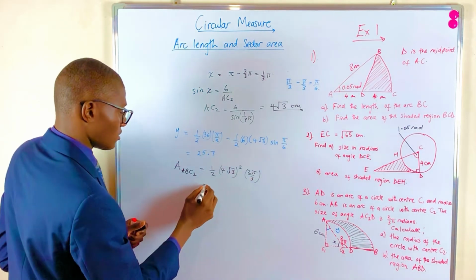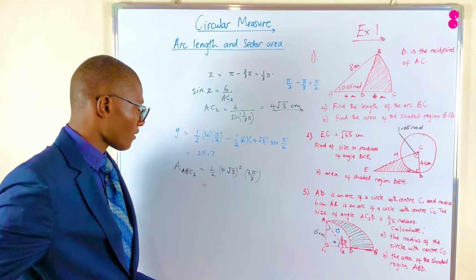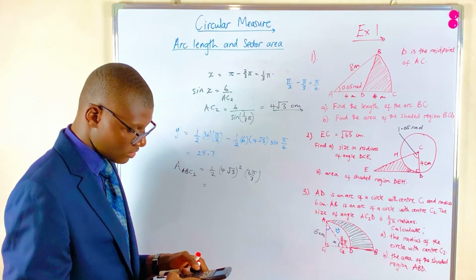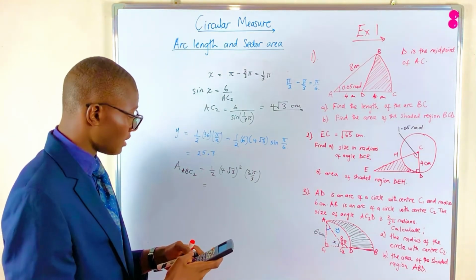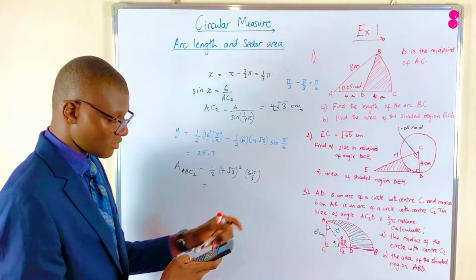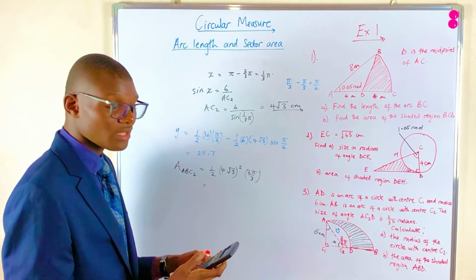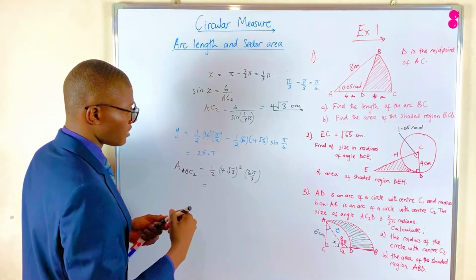Alright, so we're saying 4 root 3 squared, you get 48, then times pi over 3, and we get 16 pi, right? So 16 pi is the area that we get here.